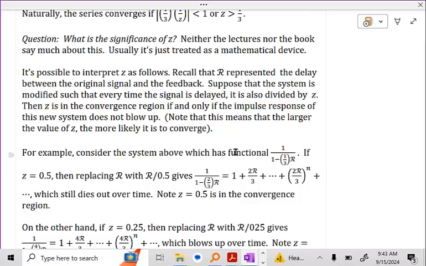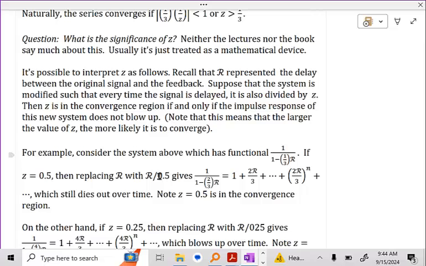All right, so let's go back to this system with the functional 1 over 1 minus 1/3 R. If z is 0.5, then replace R with R over 0.5. Now remember what that means: every time you delay the signal in the system, you also add this block of 1 over 0.5.